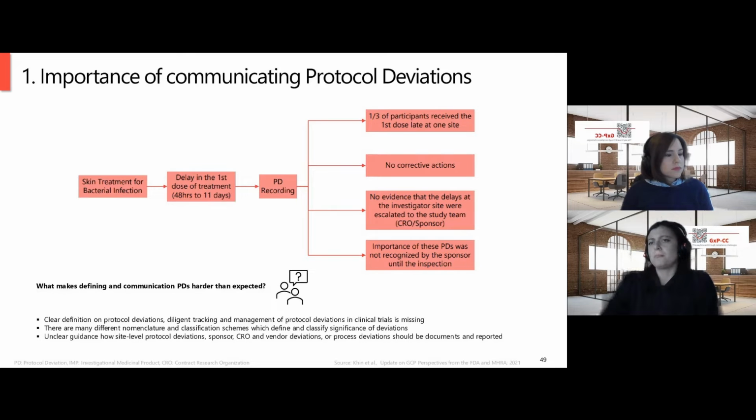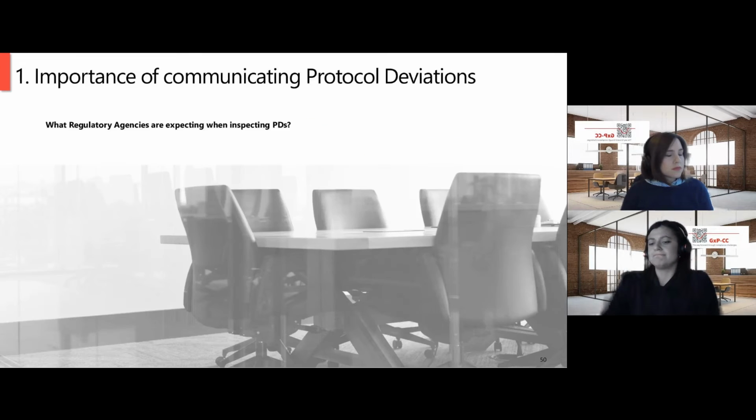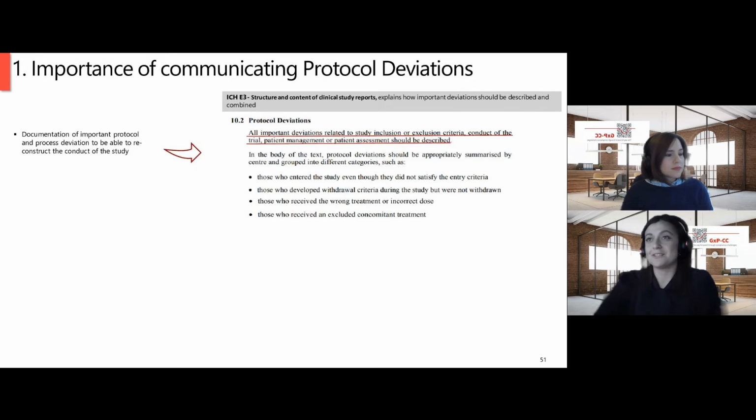So then we can ask the question: are the regulatory agencies expecting something when it comes to PDs? Well, even though it's a bit tricky how the guidelines instruct us, they still have a lot of expectations. I will just put a few here.